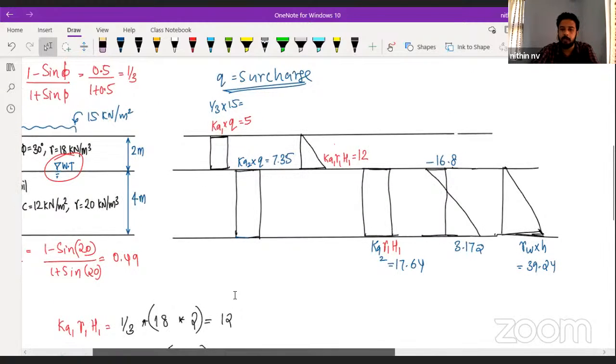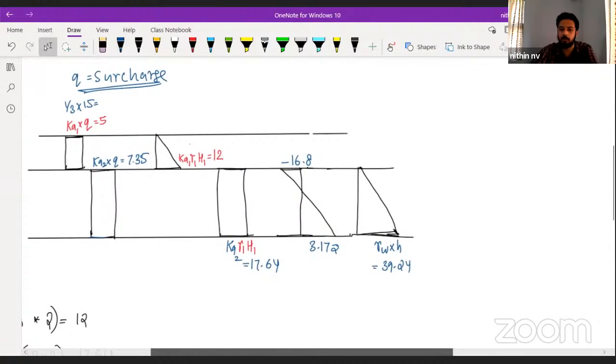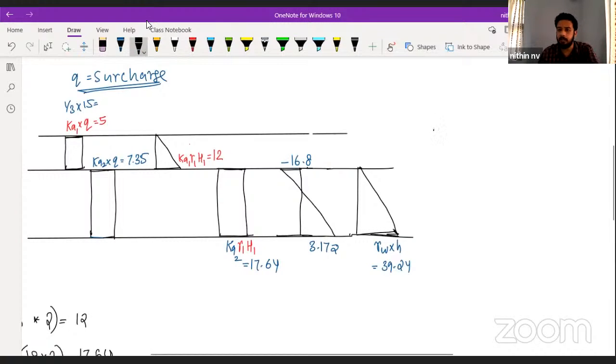Are you getting everything, guys? Now what we can do, see, it is best to draw like this separately so that you will not make any mistake. You can draw together also, no problem. Now how can I draw? First you simply take what is happening in the first layer. Two things we have for the first layer, this and this. So top portion we have only 5, and bottom portion we have 12 and 5.